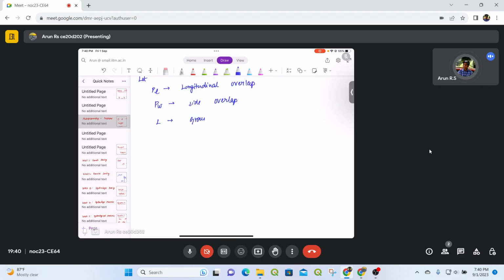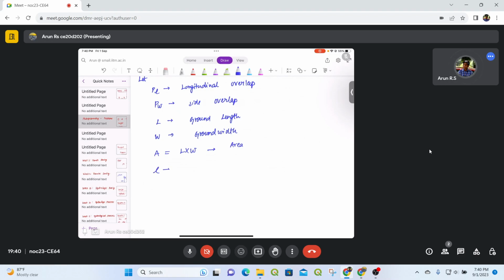L is the ground length. W is your ground width. So your capital A, that is L into W, is the area.